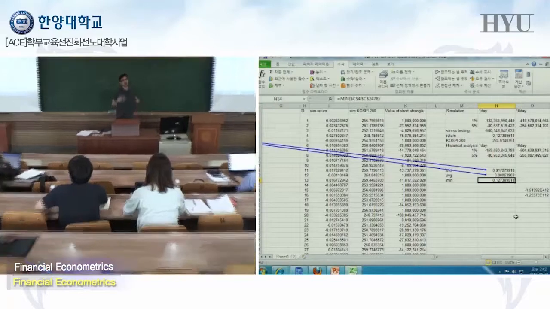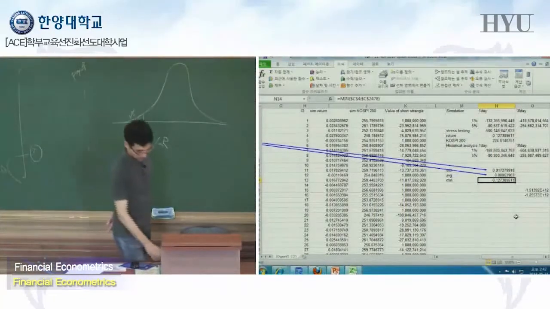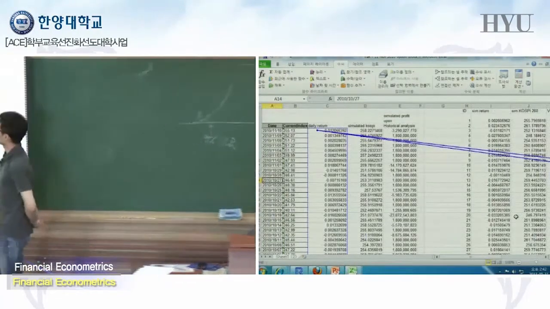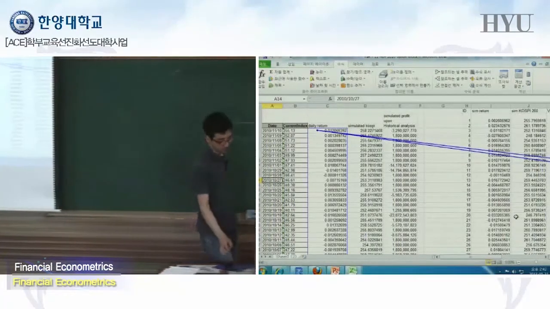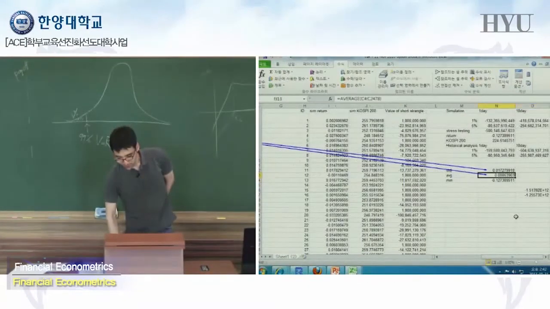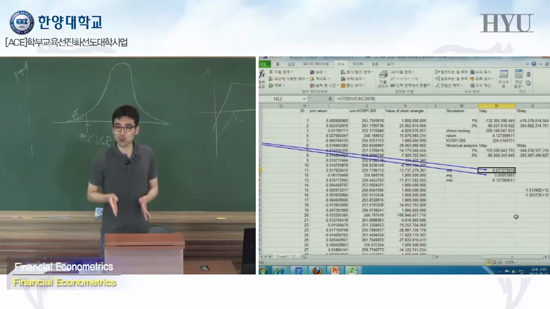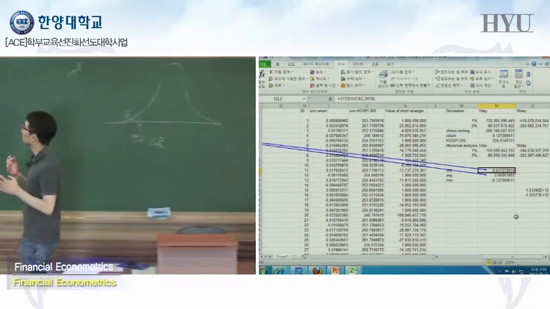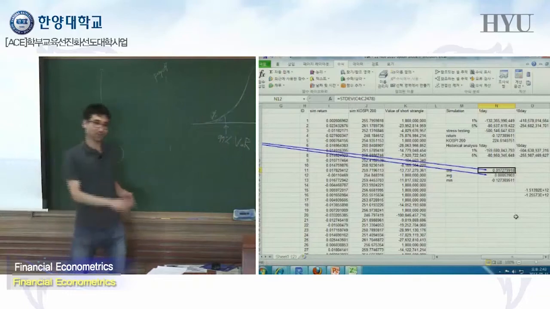So suppose we can assume that all past returns follow a normal distribution, with this mean and this standard deviation. We can calculate this from historical data. And if it follows normal distribution, now we can simulate new returns based on this and this, right?